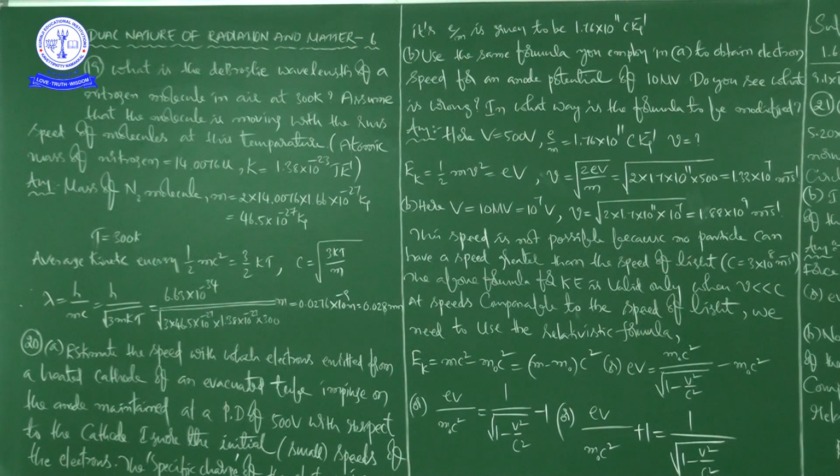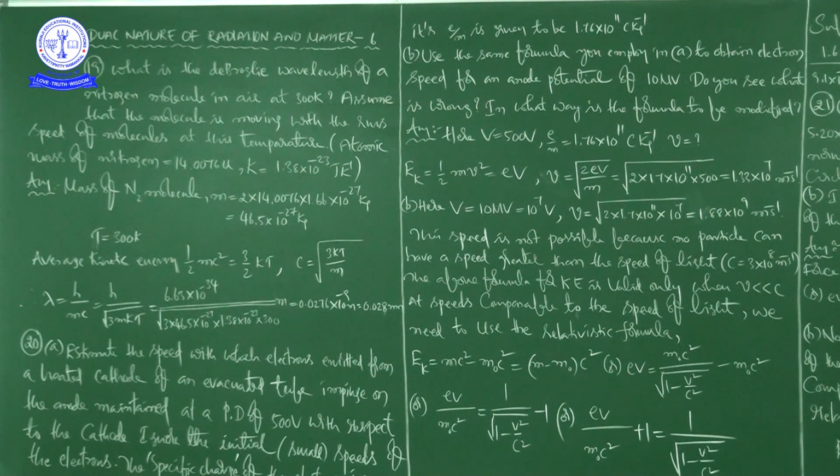Then C is equal to the square root of 3kT by m. Afterwards, the de Broglie wavelength formula: lambda is equal to h by p. So p is equal to mv, where here c is the velocity.